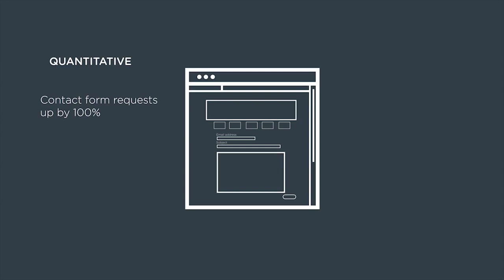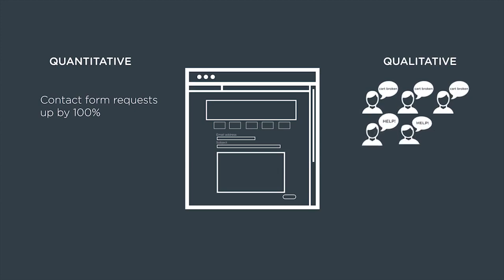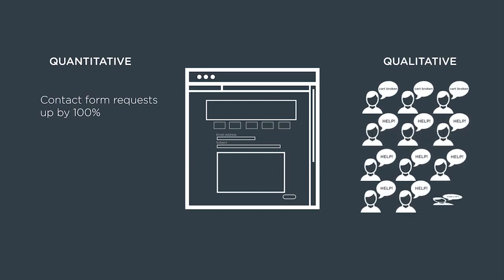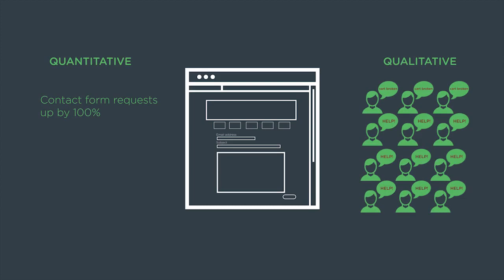Well, if you get a look at the qualitative data, perhaps some direct feedback from the customers, you might hear that the shopping cart on your site has a bug, and some users have been unable to complete certain purchases. Both pieces of data here tell you something is going on, but only by looking at both can you see how serious of an issue it is.